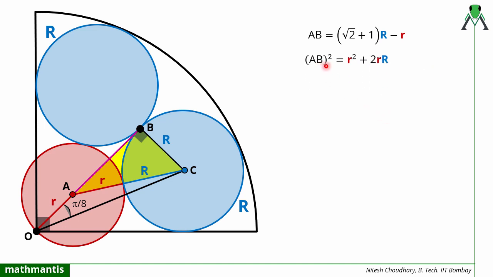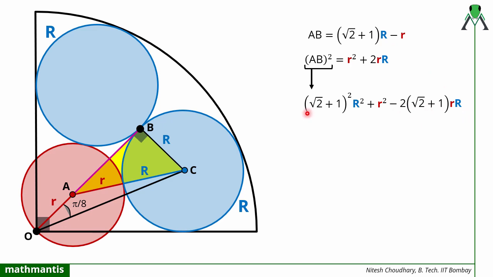Now I will define AB square, that is this whole square. So from here I will use the property (A minus B) whole square. So it will become A square, that is root 2 plus 1 whole square multiplied by R square, the square of this term. Then I will square this term, that is small r square. Then minus 2AB, that is minus 2 times root 2 plus 1 multiplied by capital R multiplied by small r.